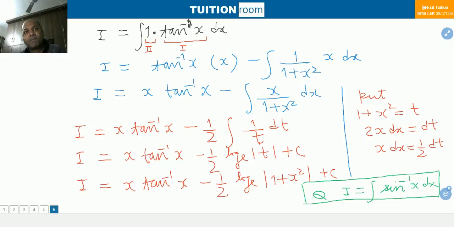We can do it like 1 into log base e x whole square. We will suppose this is the second function and this is the first function, and we will apply the formula.